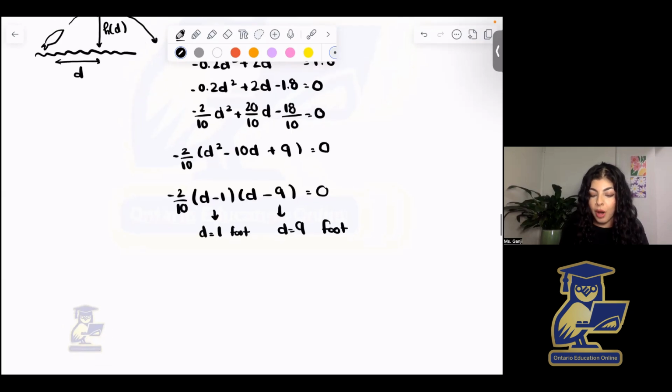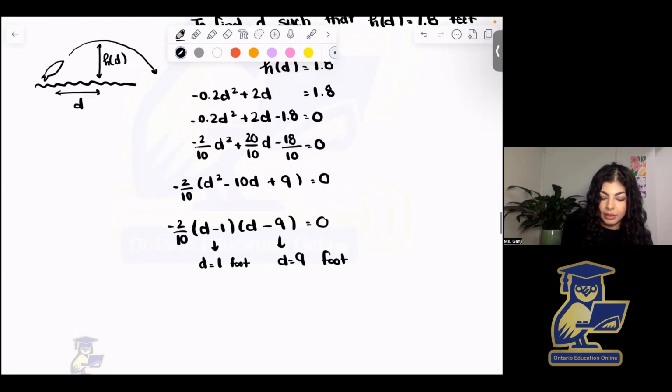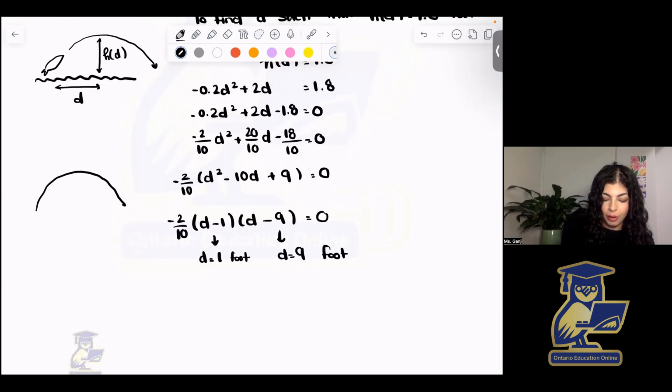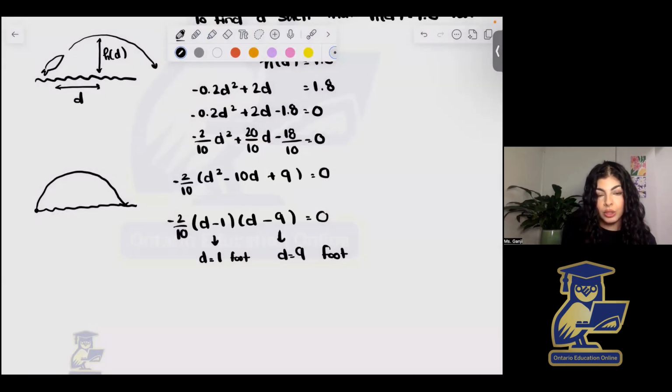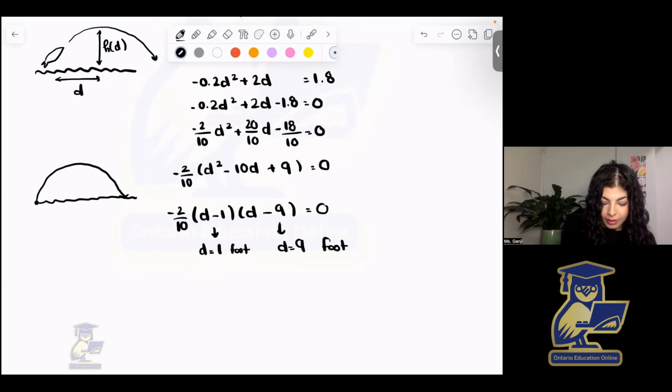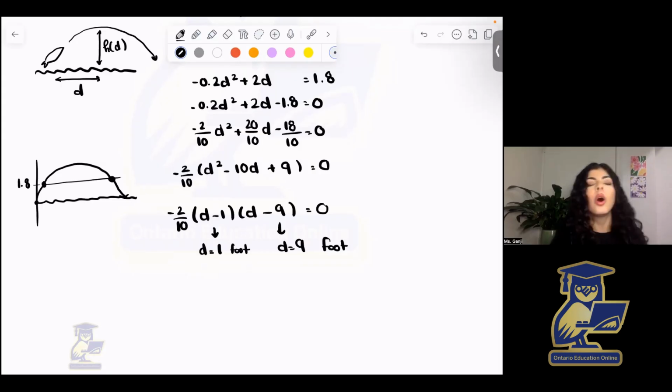And for our problem, this actually makes sense because as the dolphin leaps up and follows that parabola path from its starting point, and that's our ocean again, and let's say this is height 1.8 here, then we do have that at 2 points, the dolphin's height is 1.8 feet.